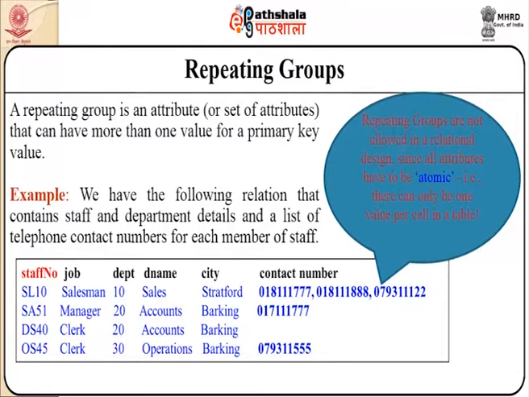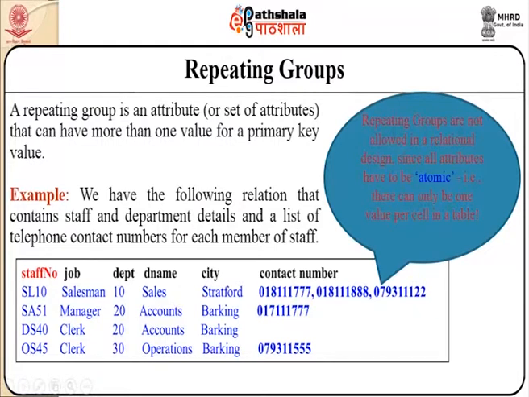So, a repeating group is an attribute or a set of attributes that can have more than one value for a primary key value. If you look at this particular table, we have the following relation that contains staff and department details and a list of telephone contact numbers for each member of staff.